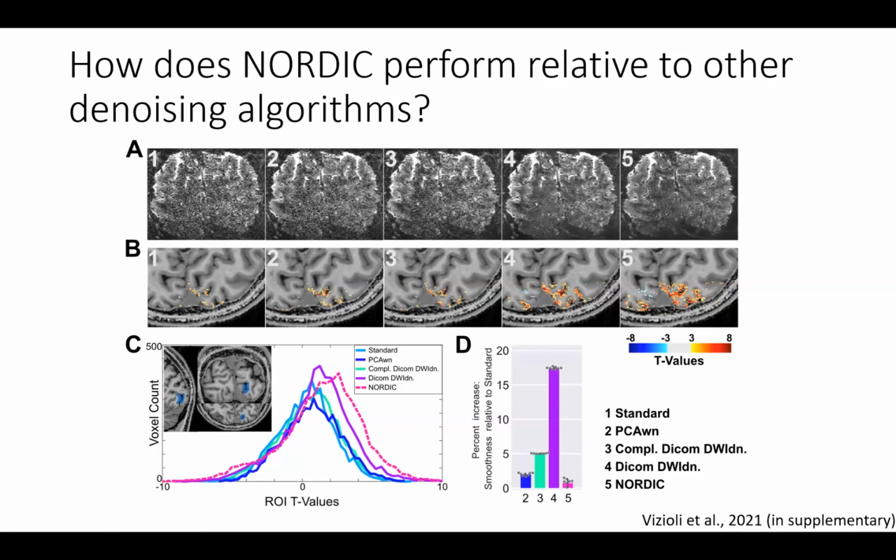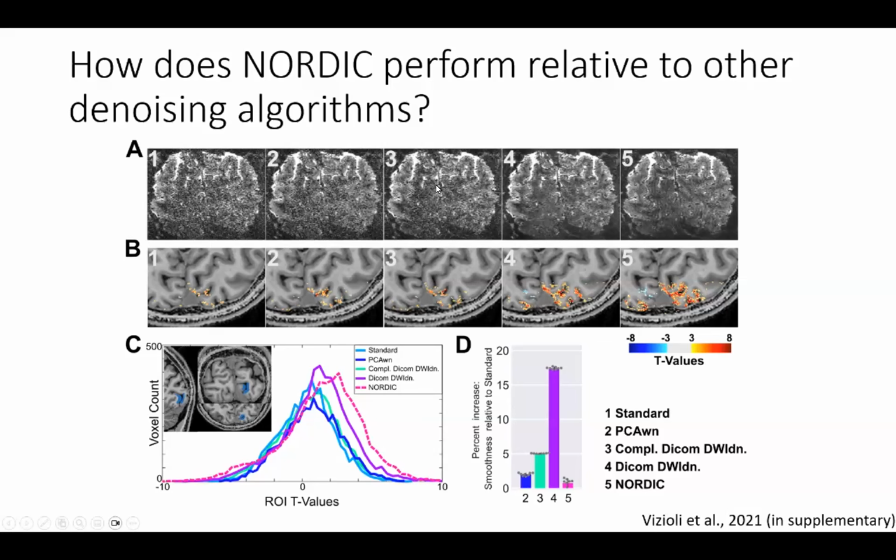And then a little bit more comparison across different existing denoising methods. This was actually one of the reviewers' requirements. We compare Nordic with white noise PCA, with image and phase data on top.